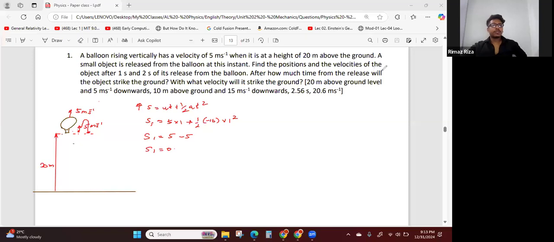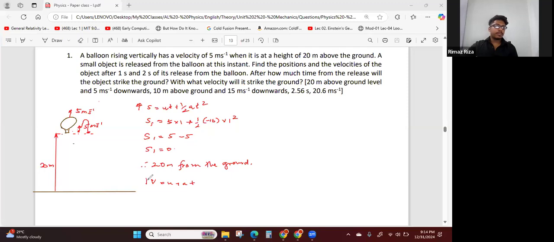So find the positions and the velocities of the object after 1 second and 2 seconds. The position, therefore, is 20 meters from the ground. Then for velocity we can use v equals u plus at.